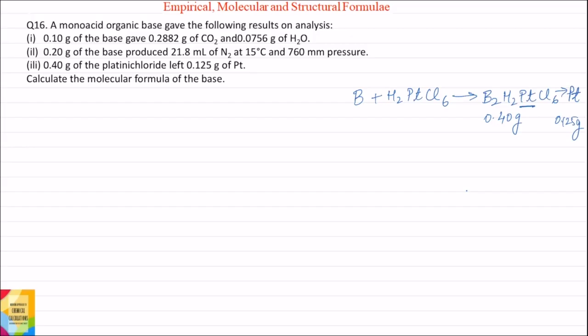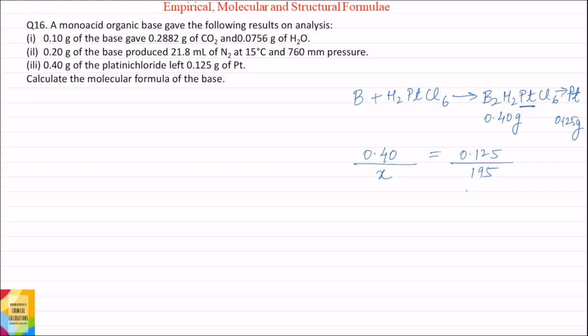What will be the moles of platinic chloride? Moles of platinic chloride will be equal to weight of platinic chloride, that is 0.40 gram, divided by molecular weight of platinic chloride, let it be X, and this is equal to moles of platinum, which will be equal to 0.125 divided by atomic weight of platinum, which is 195.